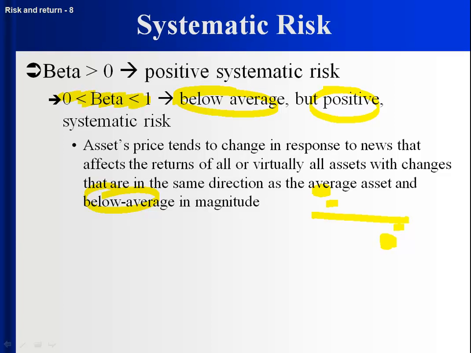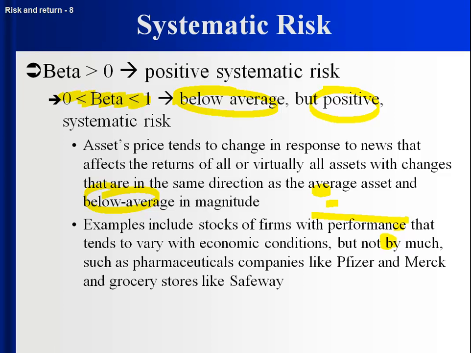What are some of the kinds of companies, the kinds of stocks that one might expect to have a beta between 0 and 1? Firms whose performance does vary with economic conditions, but by relatively little. Common ones would be pharmaceutical companies or grocery stores. With pharmaceutical companies, as the economy strengthens, more people would have money to buy their necessary medications or have jobs to have the health care to afford those.